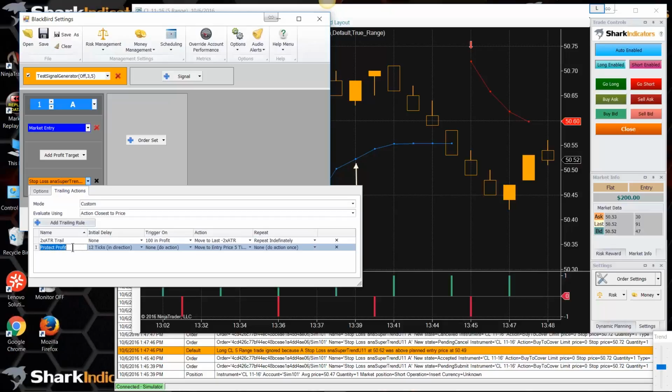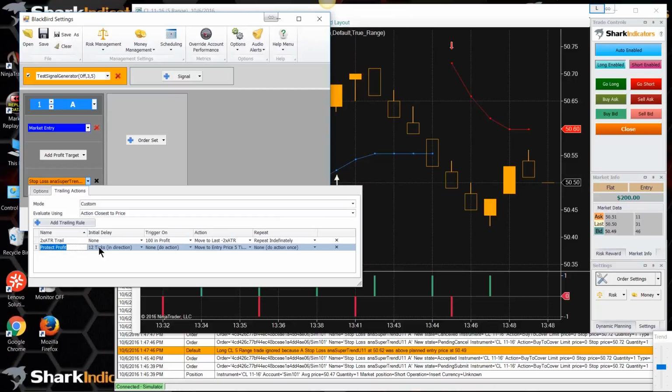So the protective profit trailing rule has a delay. Basically, this whole rule gets ignored until the delay is over. Right now we set our delay to wait for 12 ticks in profit. If I wanted to, I could set the delay to wait 12 minutes.